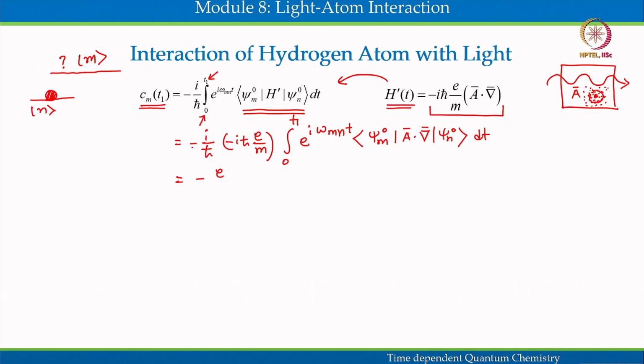So, this minus and minus plus, and then i squared will give me minus. That is why finally this term will be reduced to minus E by m. That is the integration we get.